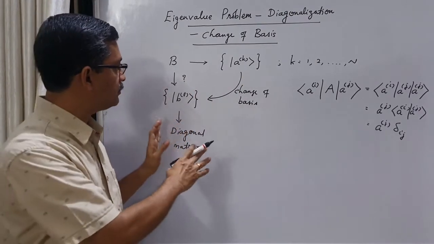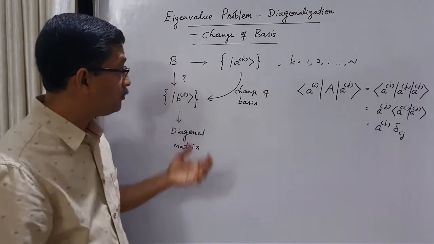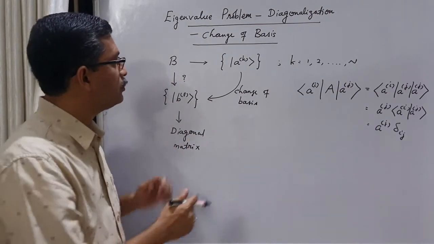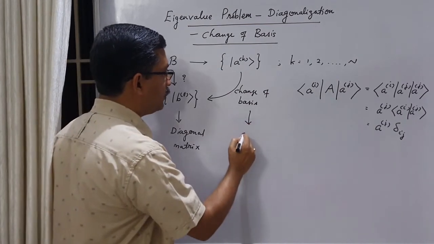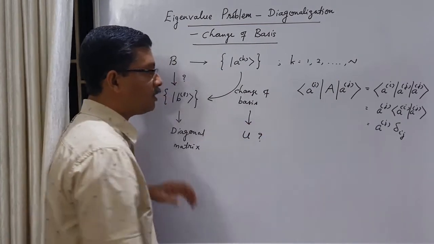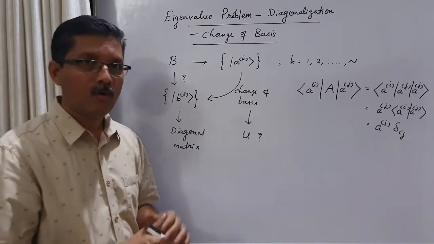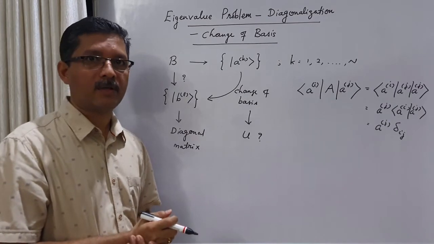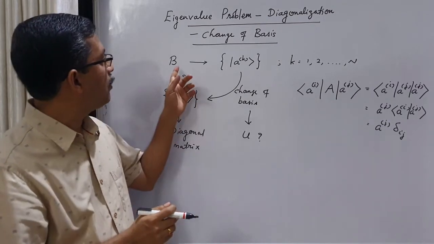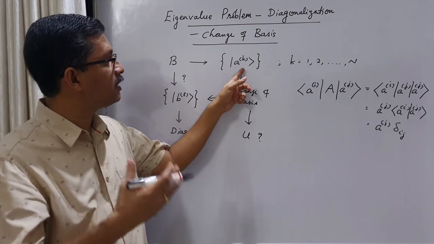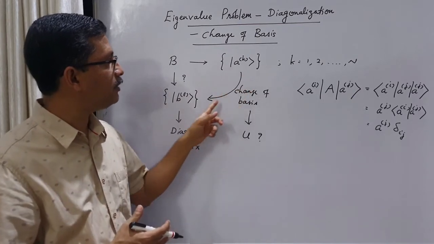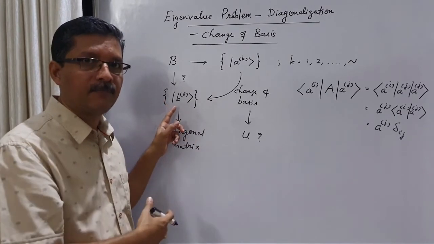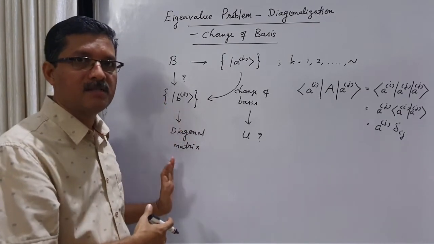So we know that a change of basis is a unitary transformation. In order to produce a change of basis, we need a unitary operator. So the question is, what is the corresponding unitary operator? How do we construct a proper unitary operator so that the matrix elements of B in a given basis can be changed to its own eigenkets, so that B is diagonal?